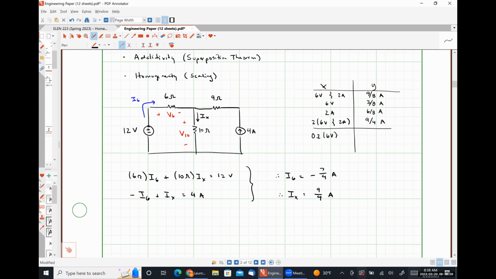times 6 volts. So with a scaling factor of 0.2 for our 6-volt source, what are we expecting the output to be with just the 6-volt source on? Whatever 0.2 times 3/8 of an amp is, right? So that would be 0.6 over 8.